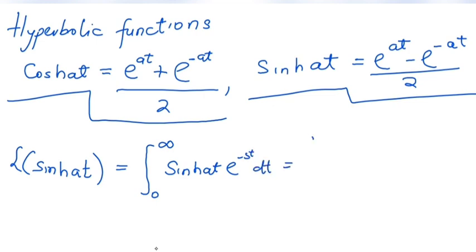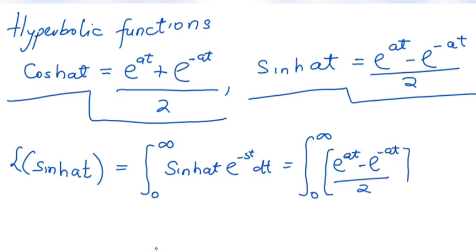And if we replace sinh at with the exponential expression, we have (e to the at minus e to the power of negative at) all over 2, and then e to the negative st dt.